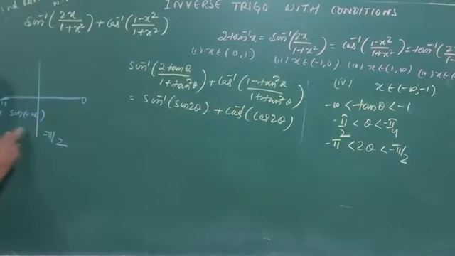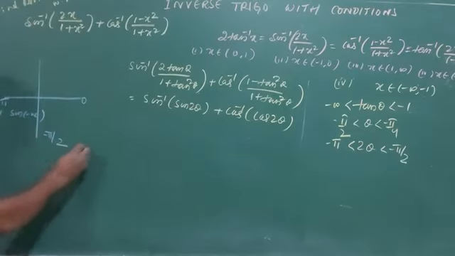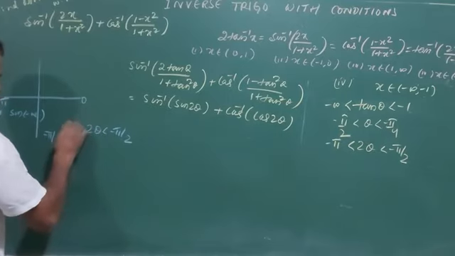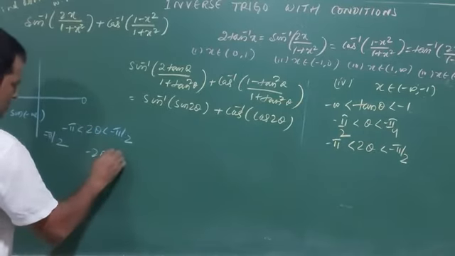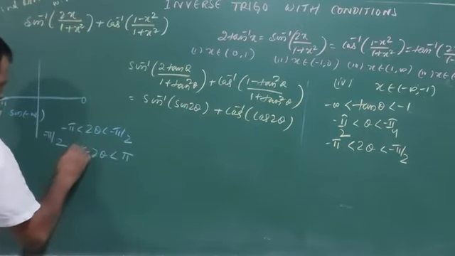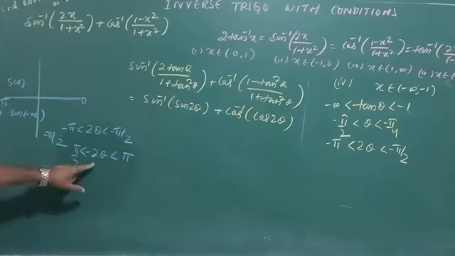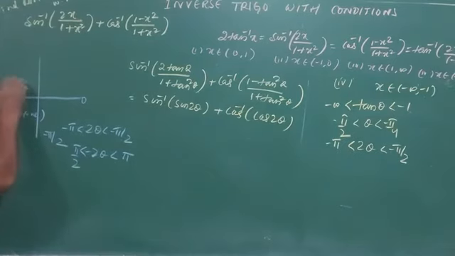But first change the quadrant. 2 theta is less than minus pi by 2, greater than minus pi, so minus 2 theta is less than pi, greater than pi by 2. So I transferred this value here, but as I transferred it, I don't think the sign is positive. Only I transferred my value, so minus 2 theta here now.